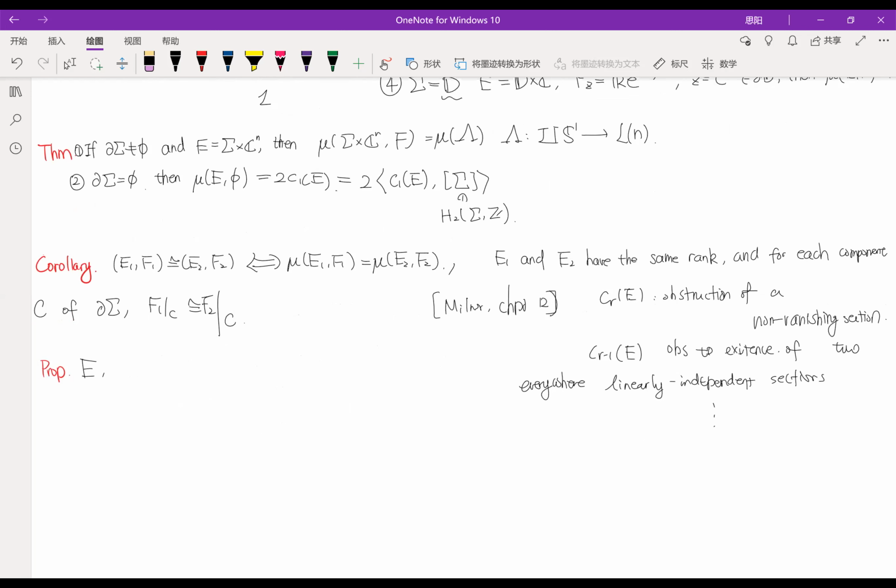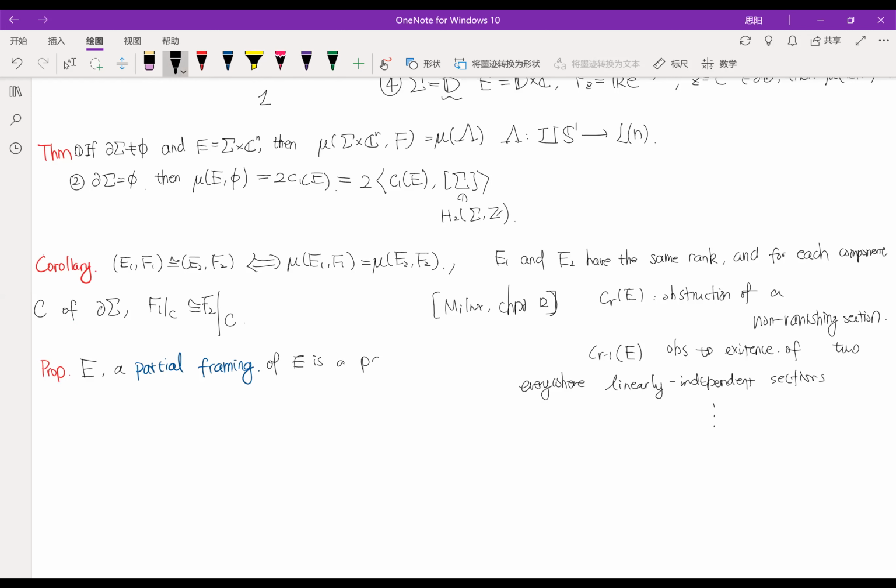And here we must impose the fact that we are working with a bundle pair, that is a complex vector bundle with a totally real subbundle. So a partial framing will be considered in the totally real subbundle of E.